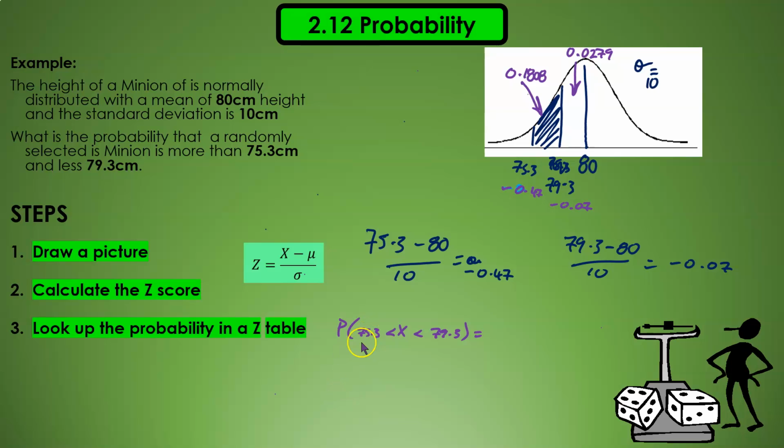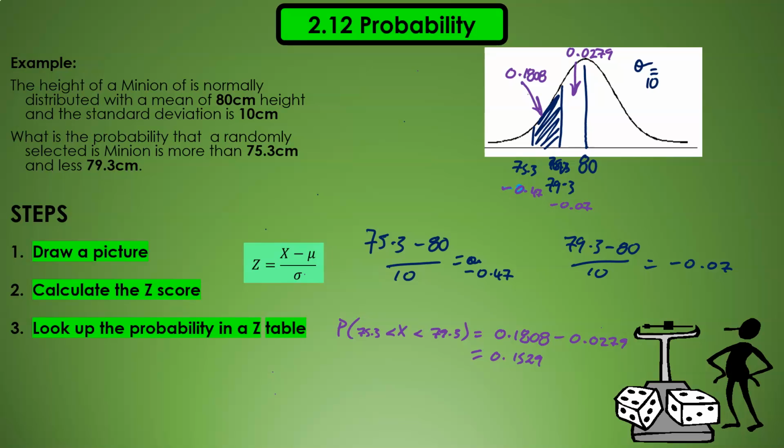So what that means is the probability that x is greater than 75.3 but less than 79.3 is equal to the bigger part, 0.1808, take away 0.0279, which gives us 0.1529.